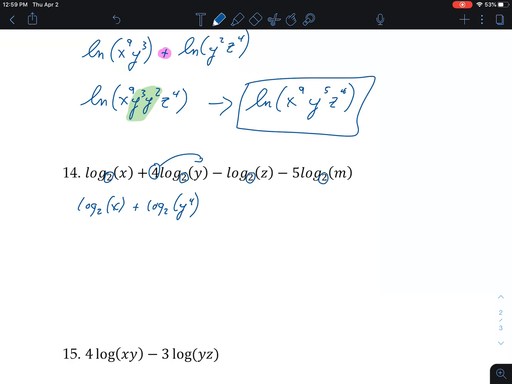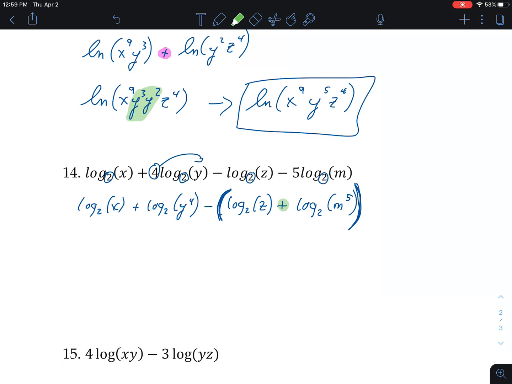Okay, I'm going to change this to the way we started before: minus, parentheses, log base 2 of z, plus, because if I put this parentheses here I'm distributing out a -1, log base 2 of m to the 5th. Now that whole group is in parentheses, and it's adding.